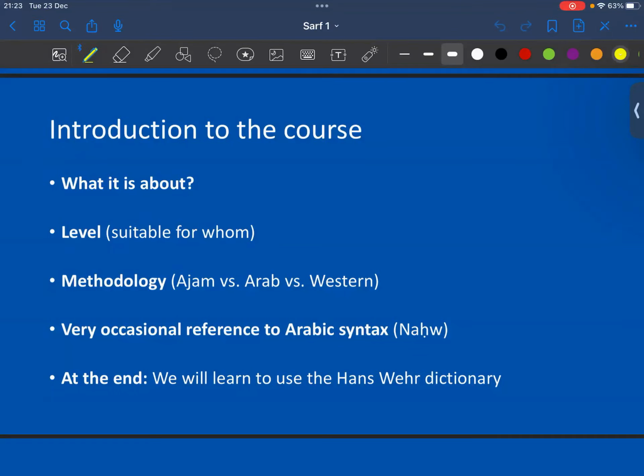For example, the Ajami method, although focusing very clearly on rules and explaining the rules of the subject in a very simple way, being very useful for a non-Arab student, often the memorization of long tables, which they call girdan, is frustrating for students.